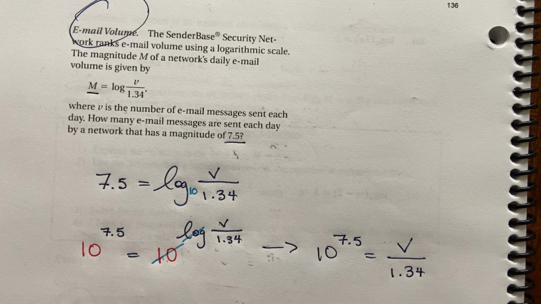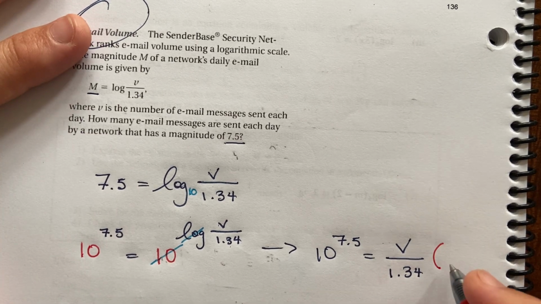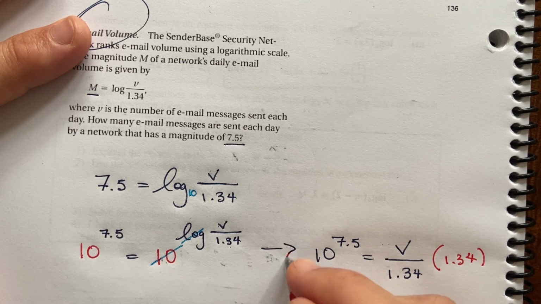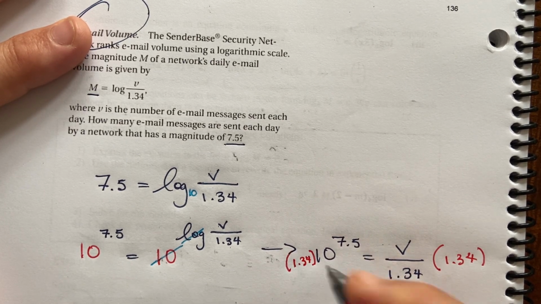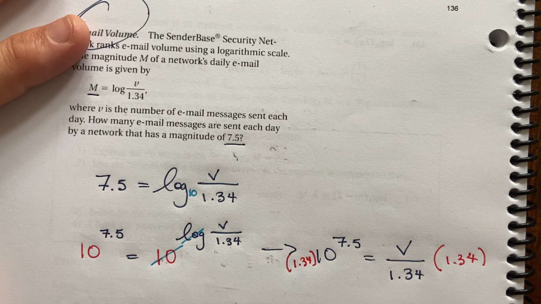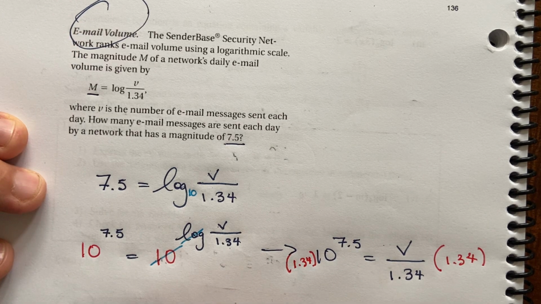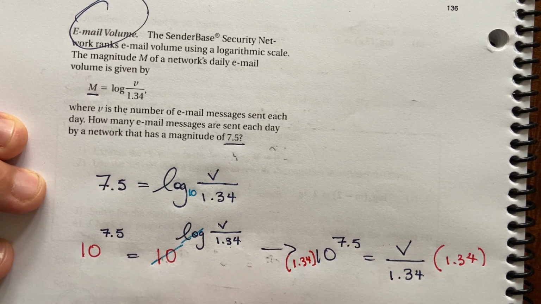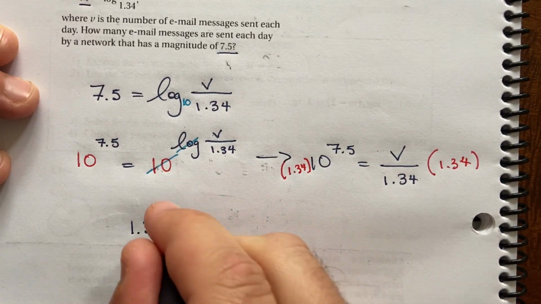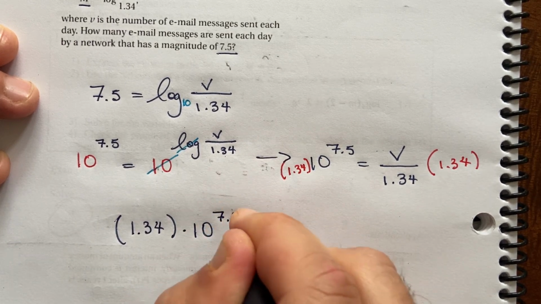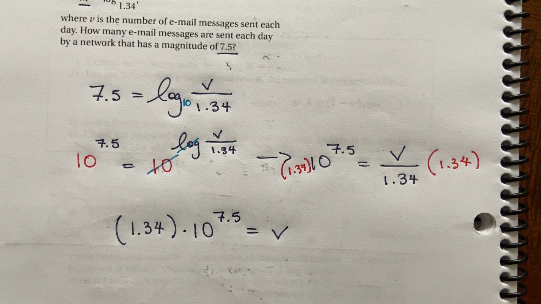And now I just need to multiply through by 1.34. So that's times 1.34 times 10 to the 7.5. So I'll have 1.34 times 10 to the 7.5, and this will equal v.